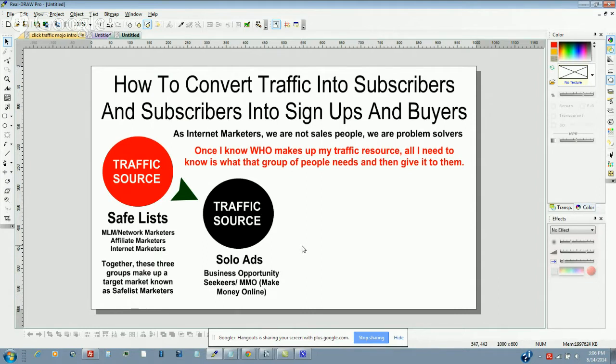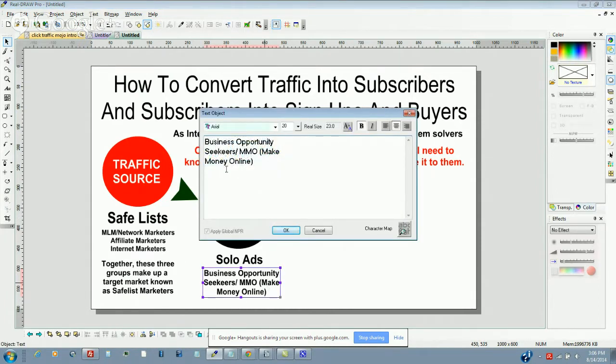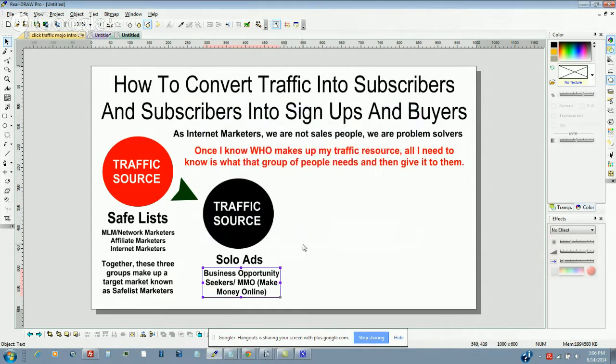Most solo ad providers have lists of people who are considered business opportunity seekers, and these are people who are actively looking for a way to make money on the internet. So as you can see, business opportunity seekers are going to have a completely different problem that needs to be solved than people who are already actively marketing on the internet. That's why it's so important for me to know exactly who makes up the traffic resource I'm going to plug into for the purposes of building my lists.